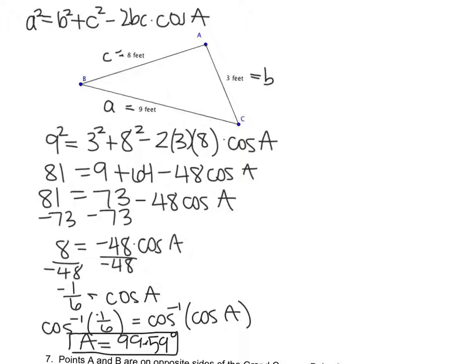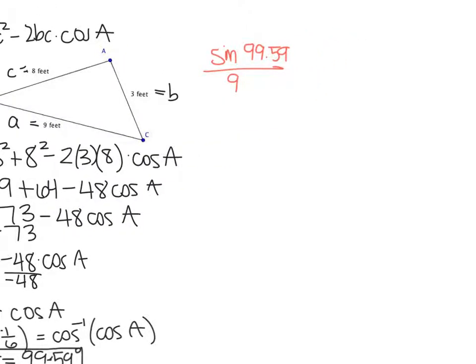So we have that sine of 99.59 over 9 equals sine of B over 3 equals sine of C over 8.